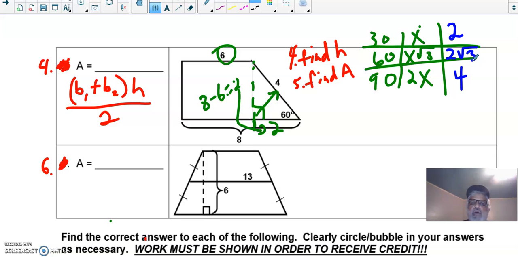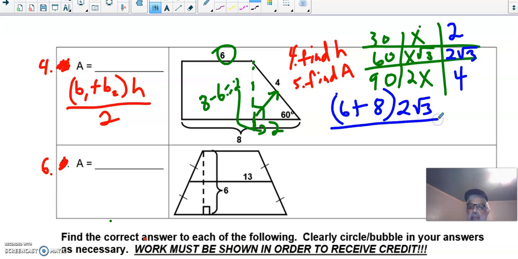So now I'm ready. I got base 1 plus base 2 times the height, and all that will be divided by 2. Now, you remember that square root of 3, we're not going to mess with that. That's already going to be part of the answer. So I'm going to go ahead and put my square root of 3 right there. And then if I look at my 2's, look what cancels.